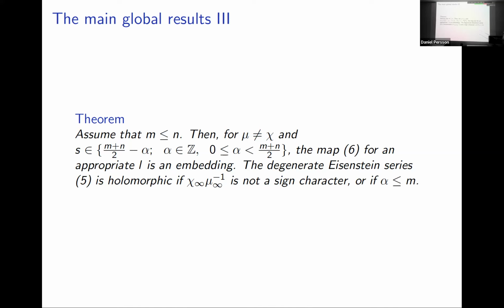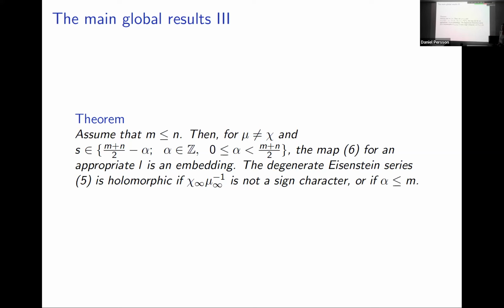So if we add the additional assumption that these two characters coincide at the real place, then we can say that the degenerate Eisenstein series is holomorphic. And there is another condition, where we also don't have to know what is happening at the real place, but we also have that this is orthogonal.